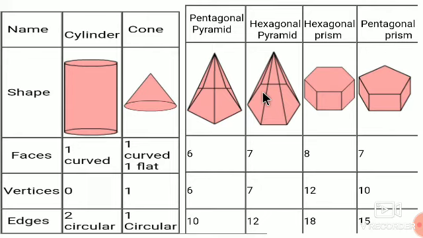Faces. 6 standing faces, 1 bottom, 7. Vertices. The 6 vertices of the base and the 1 apex. 6 plus 1, 7. Now the edges. 6 edges of the bottom face and the 6 heights. 6 plus 6, 12.